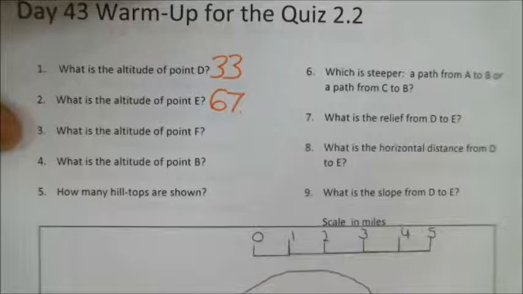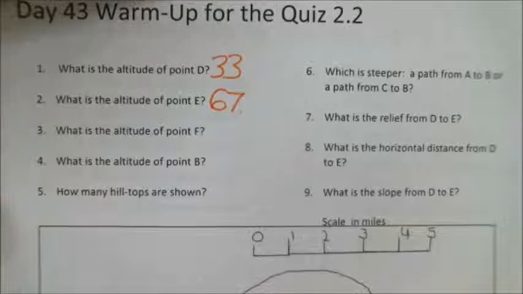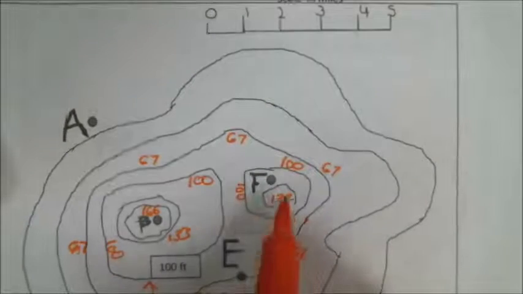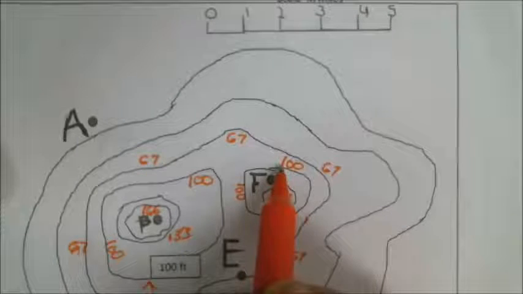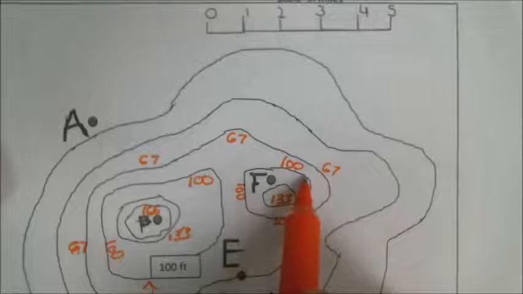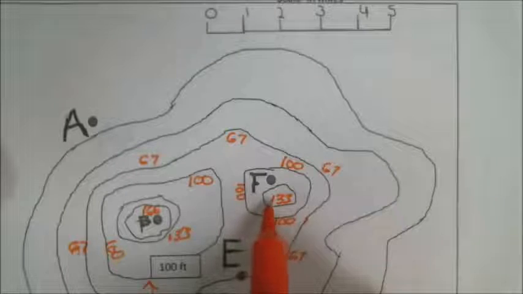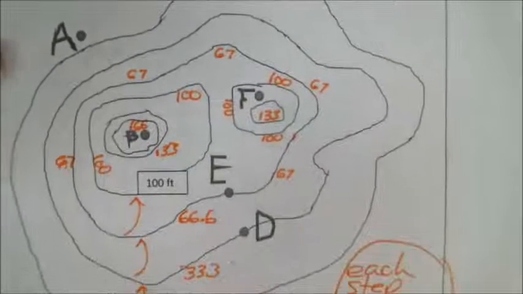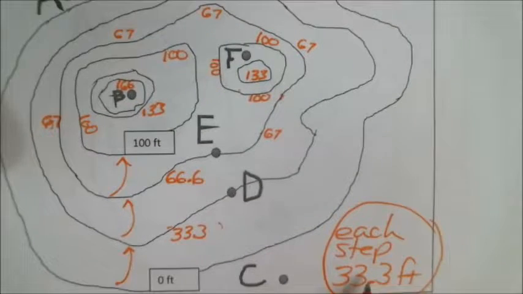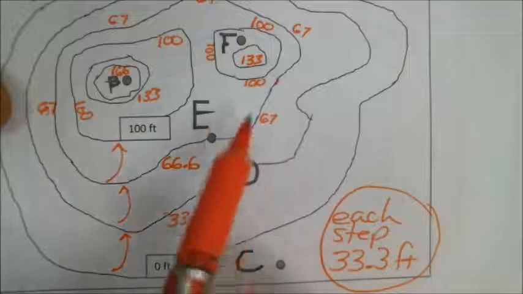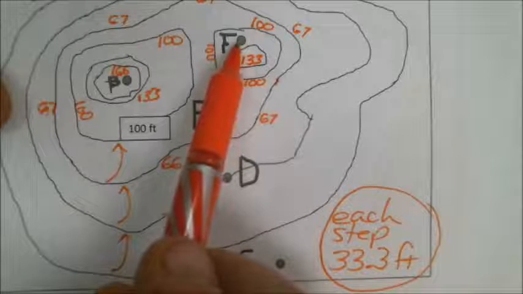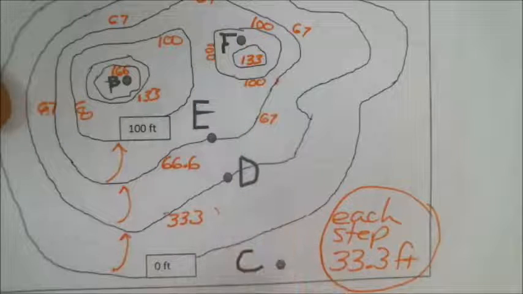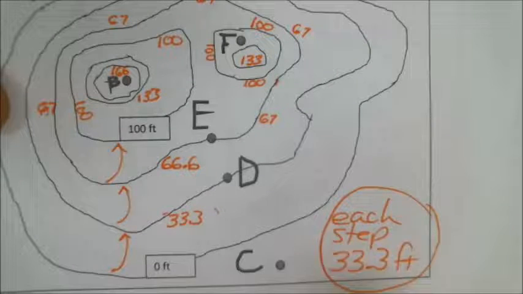Number 3, what is the altitude of point F? Point F is right here. It is between the 100 contour line and the 133. So it's got to be something in between those two numbers. Now that full step is 33 feet. To estimate this location in the middle, we're going to take half of 33.3. Well, that's going to be an ugly decimal.